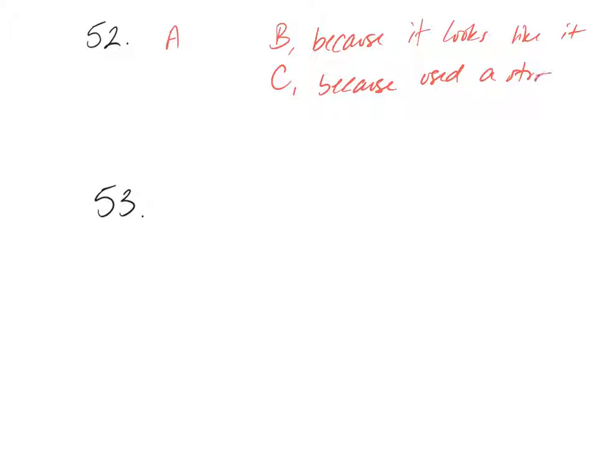If you just looked at it, you could say B because it looks like it's on the same line. Or maybe you got out something that had a straight edge like a ruler and you discovered that actually C, and that's because you actually used a straight edge to figure out which line continued through.